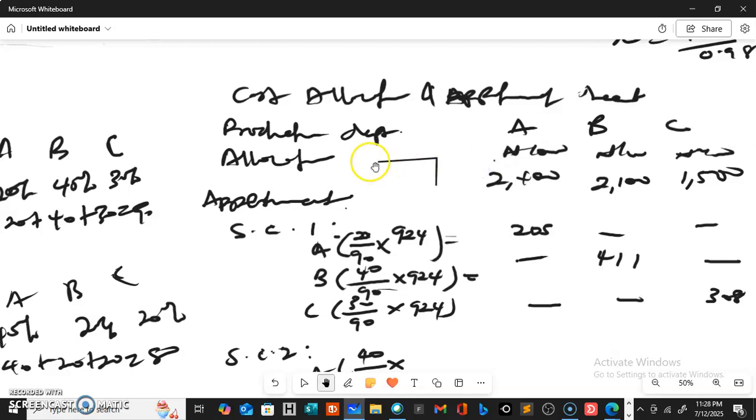I don't know what is wrong with the cursor, so I'll find my way around it. So what we're trying to do now is to just find a way.